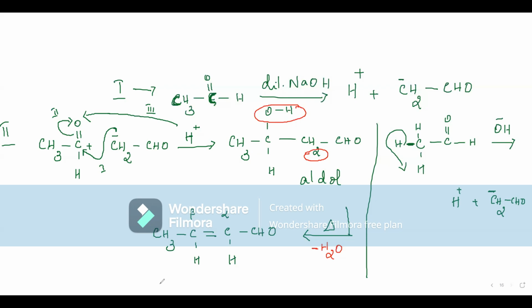So you are getting an alpha beta unsaturated aldehyde. Okay, so you can write the IUPAC name: carbon 1, carbon 2, carbon 3, carbon 4. So this is butenal.